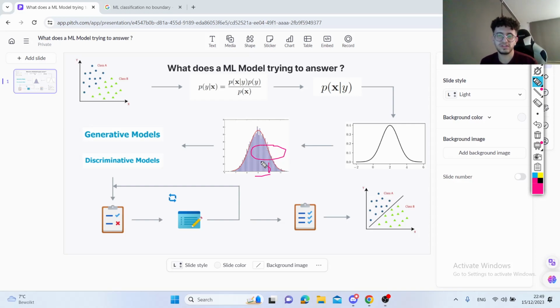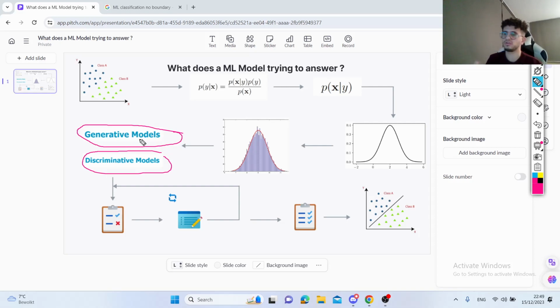For us to estimate the data, we would like to take an approach, because there are many approaches in which you can estimate the data. One of them is the generative approach, one of them is the discriminative approach. For the generative approach, it depends on the context of what you're using it for.